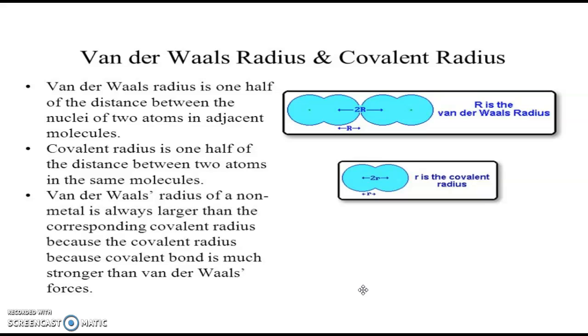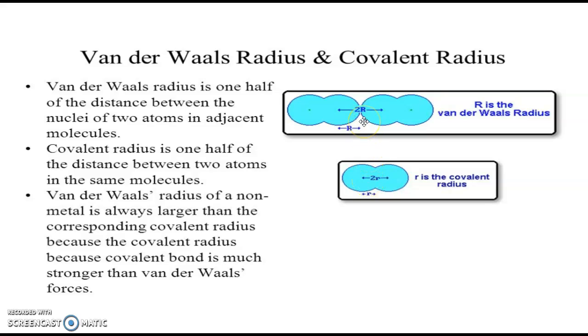Next we will move to the comparison of van der Waals radius and covalent radius. The van der Waals radius is half of the distance between the nuclei of two atoms in adjacent molecules. But in the covalent radius, we consider the distance between the nuclei of atoms situated in the same molecule.